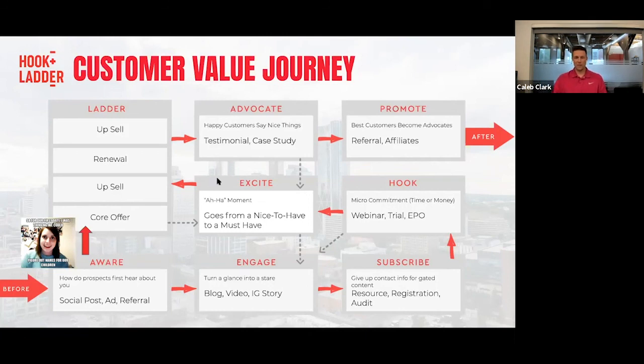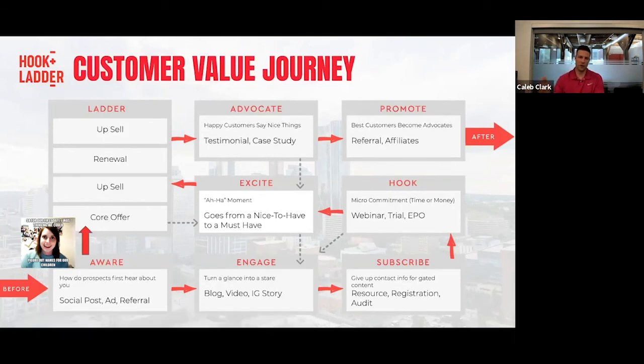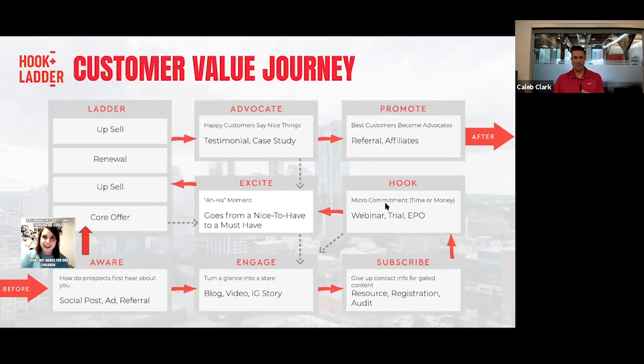Any individual campaign that we build might fit into just one of these boxes, or maybe it's an awareness and an engagement campaign, right? I want them to see me, but I want them to come to a video that we shot on 10 minutes of Facebook marketing, right? That would be a campaign, and over time, in each of these boxes, we as a team, and you guys have the opportunity to do this as well, get to understand what metrics fit into each of those boxes and what defines success, what things are working and what things aren't.